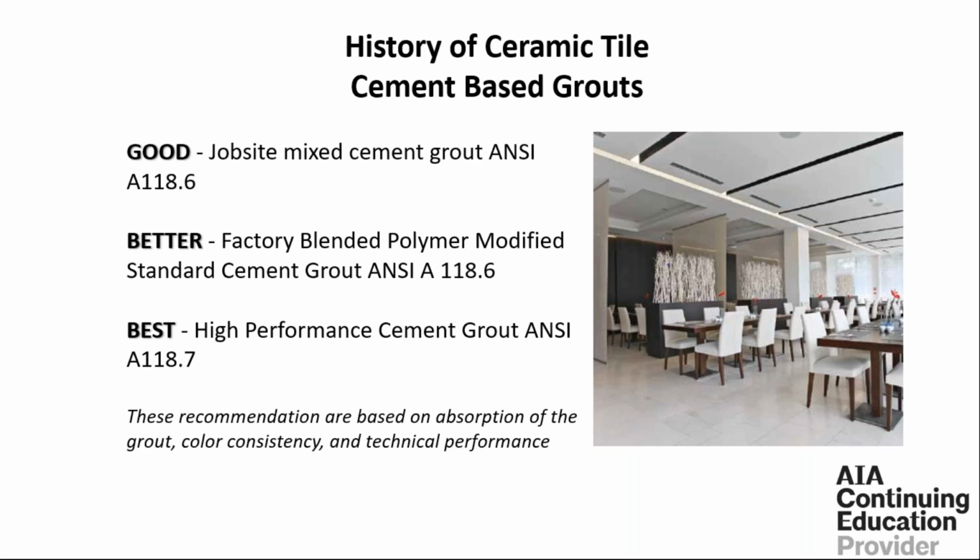That's where a gentleman may be pulling together sand and cement, with pigments going into it to mix up. It's good. Better is, of course, going into your factory blended polymer modified grouts. It's still complying with ANSI 118.6. And then your best, with your high performance grouts, is your 118.7. For exterior applications, you're selling yourself short if you're not specifying at least an ANSI 118.7 grout for any type of exterior application.